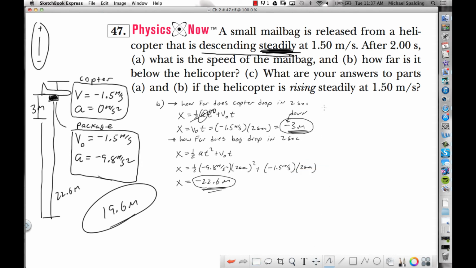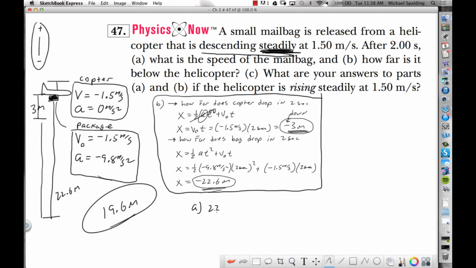Wait, if it was on a test, for the answer to be correct, we have to do negative 3 meters down, but show that we understood it was going down. If I were asking for the magnitude on a test, it's pretty common on exams where the answer choices are like A, 22.6 meters, B, negative 22.6 meters. You'll see that on answers, where one is plus and the other one's minus, and the only difference between them is the direction.